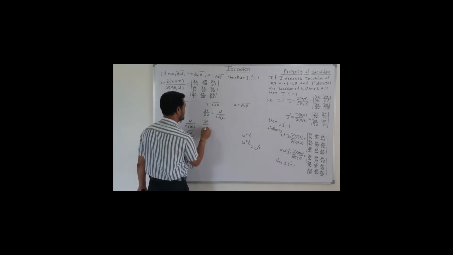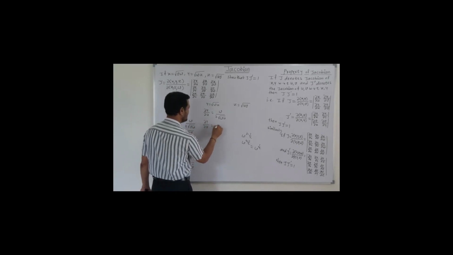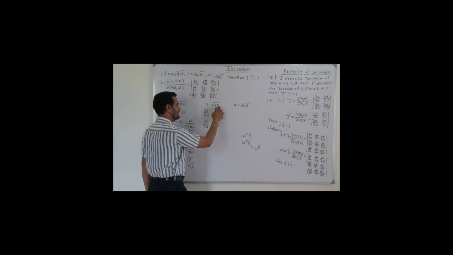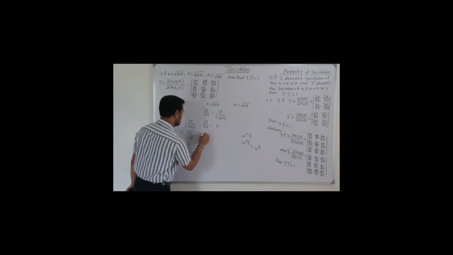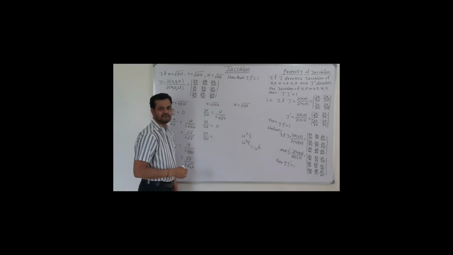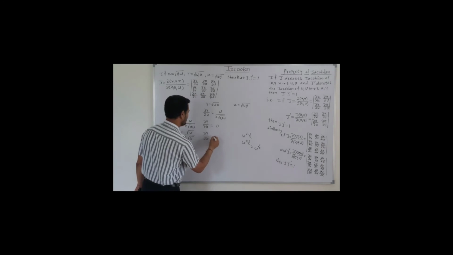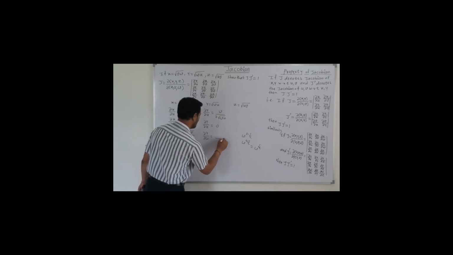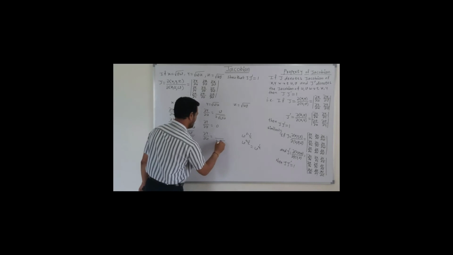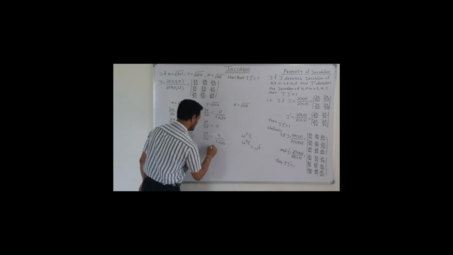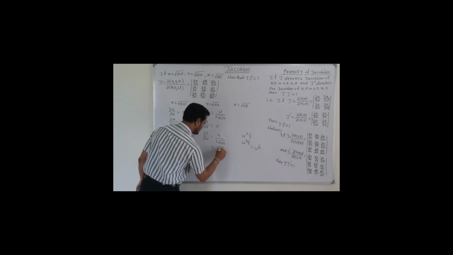The partial derivative of y with respect to v is 0 because v is absent, and u and w are constant. Similarly take the partial derivative of y with respect to w. Then we can write this as 1 upon 2 root of wu, but this is other than u. Moreover, we can simplify this, so we get root of u upon 2 root of w.